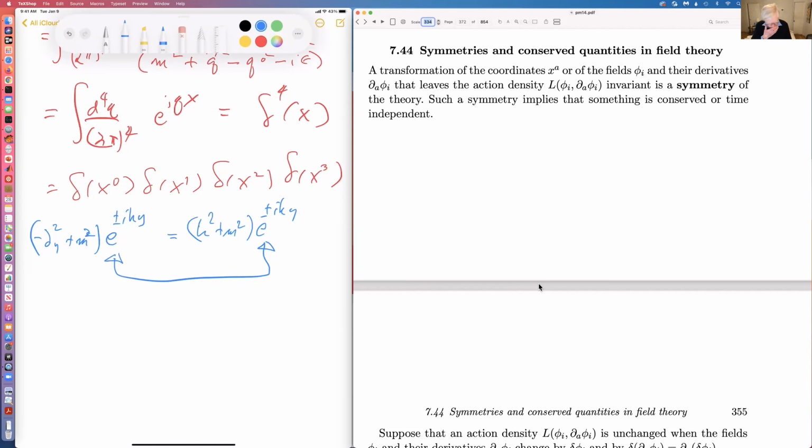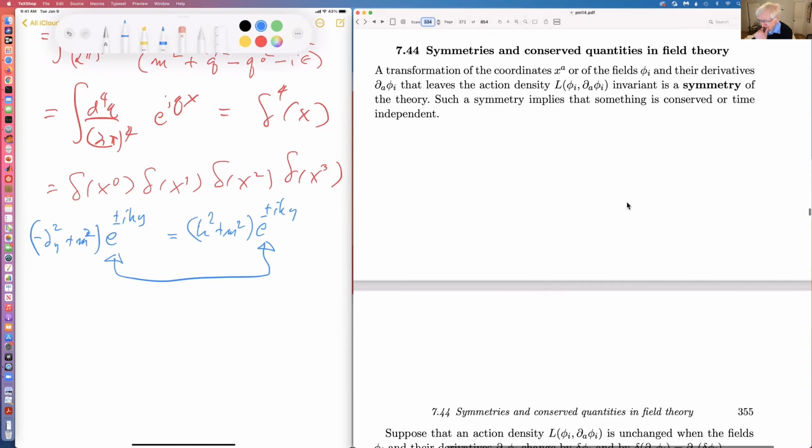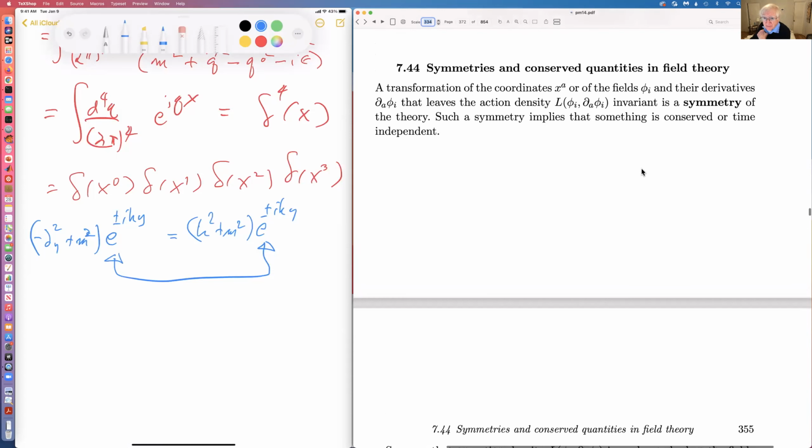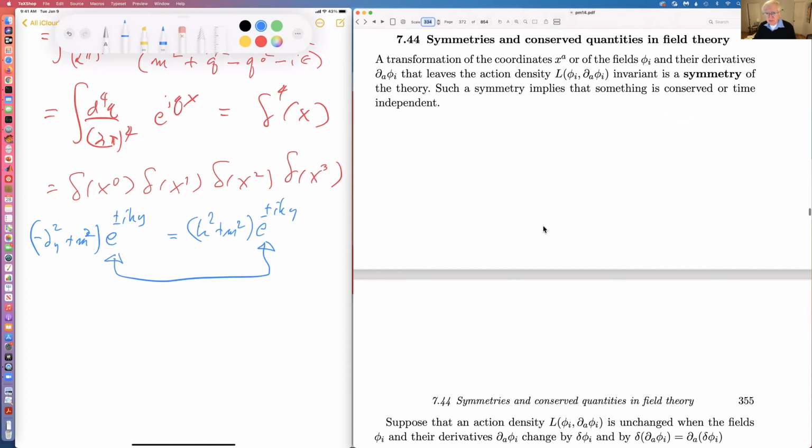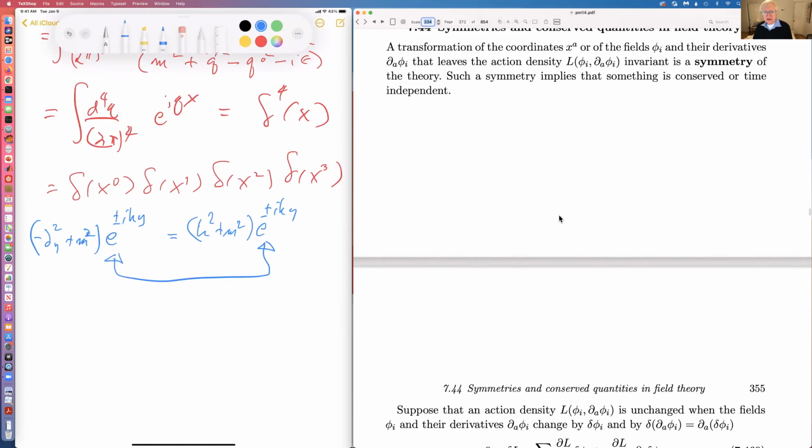And the first person, or one of the first people, to figure this out was a woman named Emmy Noether, who was teaching at Bryn Mawr, I think.